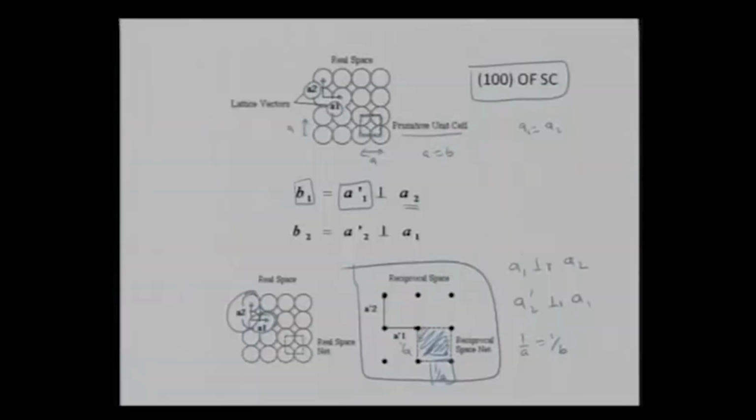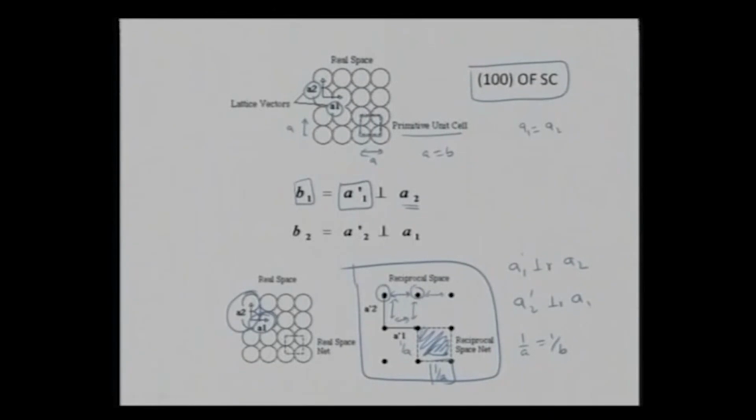So in 100 plane of simple cubic, I have the unit cell which has lengths which are similar in the two directions. So I have my lattice vector along A side or the x axis, it is equal to A, along y axis is also again equal to B, and A equal to B. So once I take it to the reciprocal lattice spacing, I get vectors which have a magnitude of 1 by A and 1 by B, and since A is equal to B, I get a similar reciprocal space which has again 1 by A is equal to 1 by B. So it forms a diffraction spot which are basically much more periodic, much more similar, and with a similar spacing between the diffraction spots.